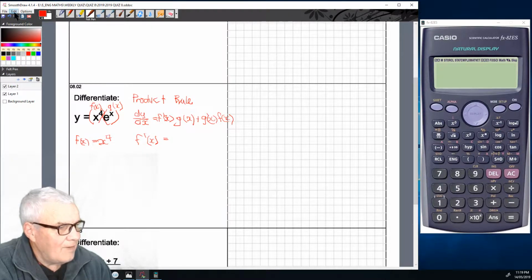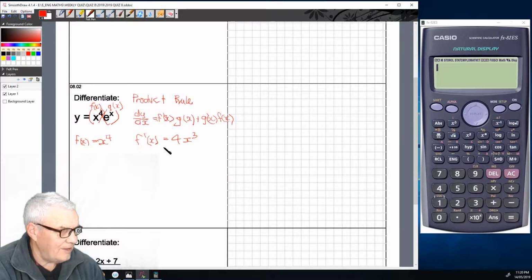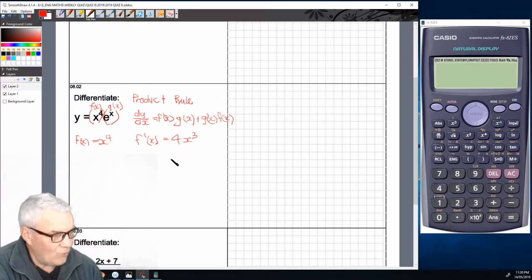Oops, too far. Equals 4x cubed. Okay, so we put the 4 in the front and drop 1: 4x cubed.